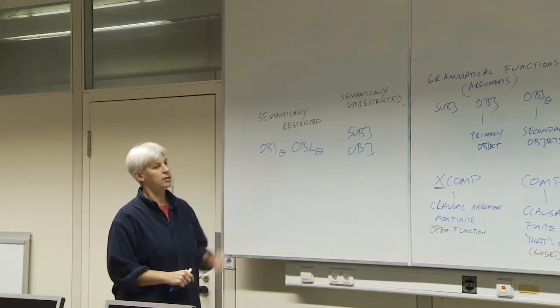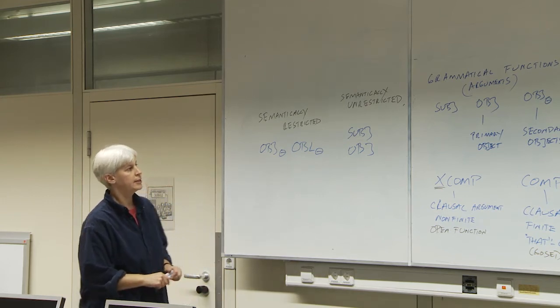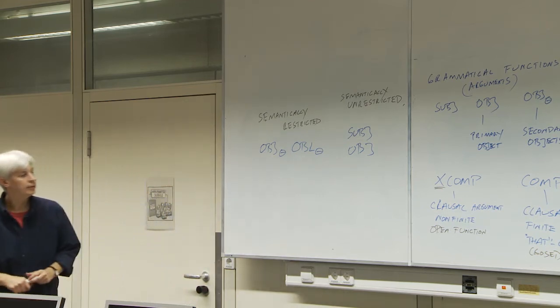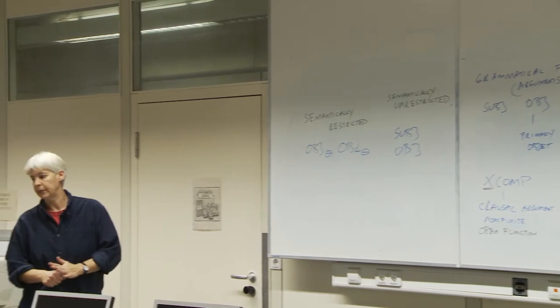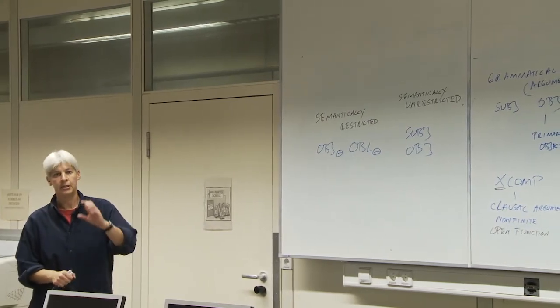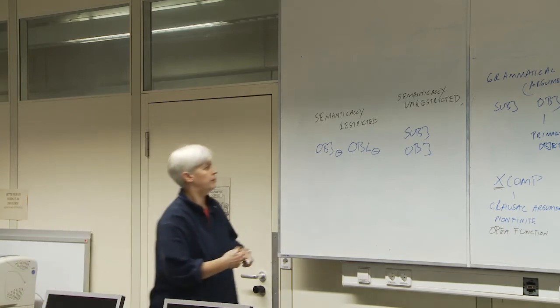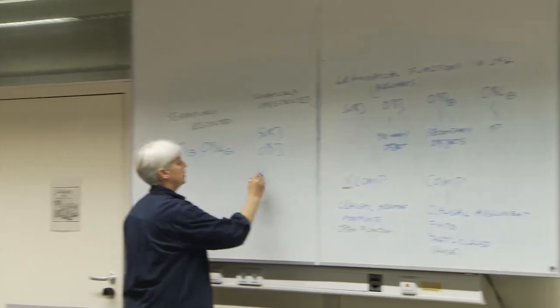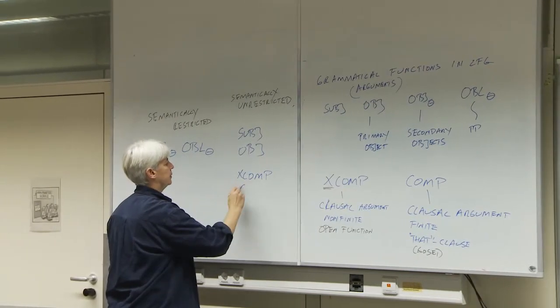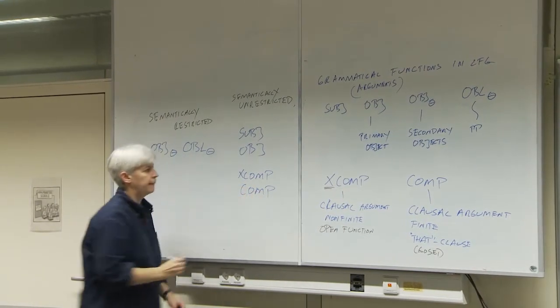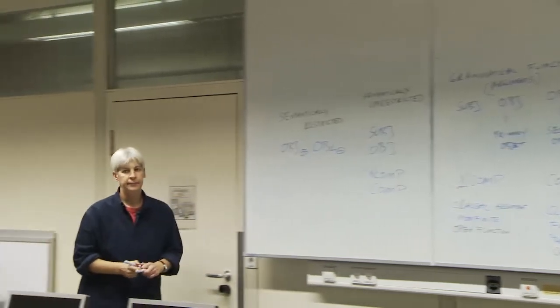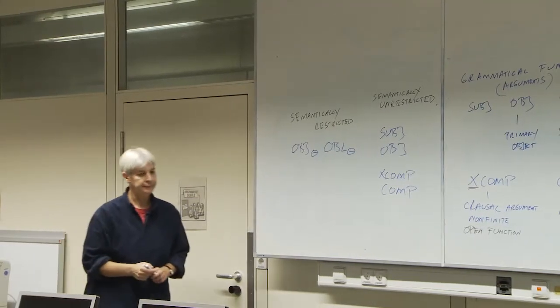So they tend to be governed by some kind of semantic preposition or by something that makes it very specific to a certain thematic role. And ex-comp and comp are basically like objects, so they go over here. So that's sort of the idea behind that.